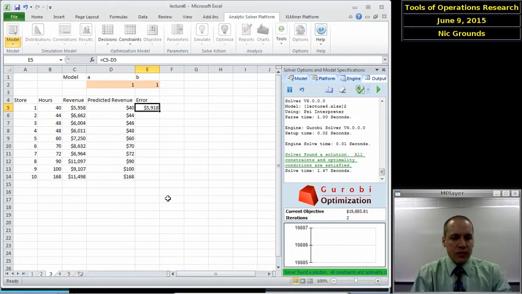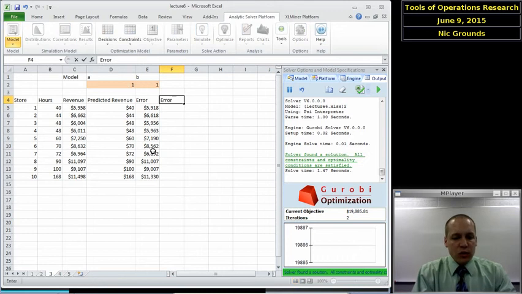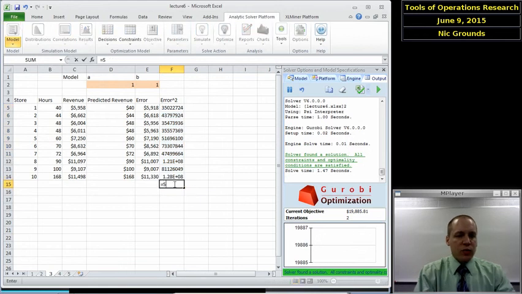Okay, so those are all the errors, and because the errors could be positive or negative, we're going to square all the errors. Okay, so we're going to take each error multiplied by itself, and then we're going to sum all of those squared errors up.